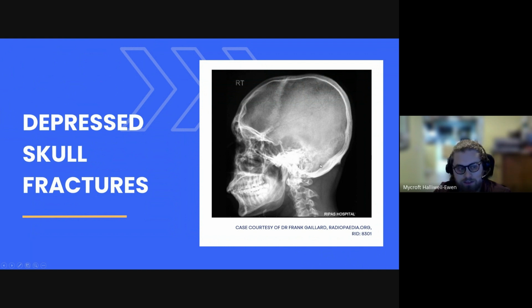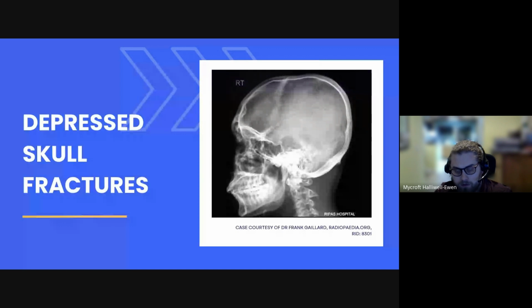Depressed skull fractures tend to come from that in-between stage between blunt and penetrating trauma. So not quite penetrating, but not really widespread blunt either. Things like being hit with a bat or a hammer. This is the fracture here, and it's called a depressed skull fracture because the pieces are depressed into the cranial vault.